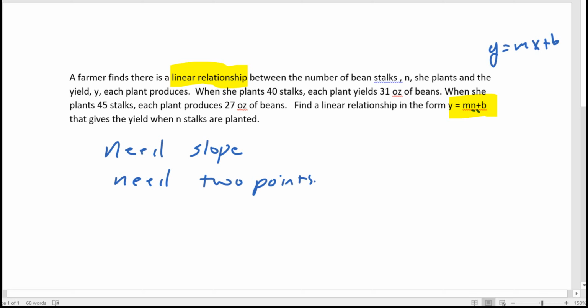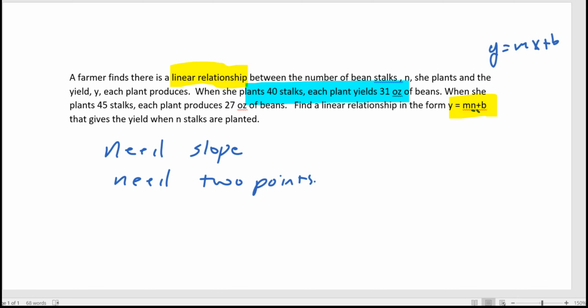Okay? So remember, an ordered pair or point on a graph actually kind of means something, right? And as I go through here, see, plants 40 stalks and gets 31 ounces. That would be an ordered pair. So N is the number of stalks, and that's playing the role of X. So that's the first number in my ordered pair.